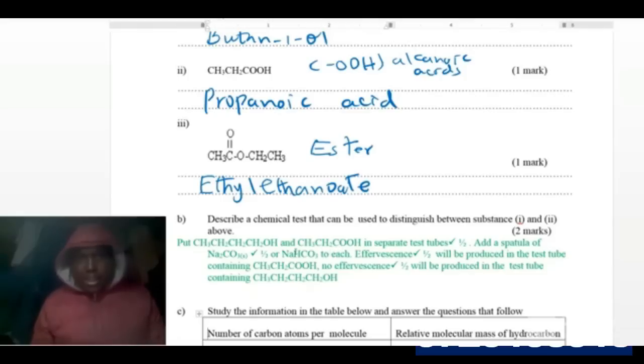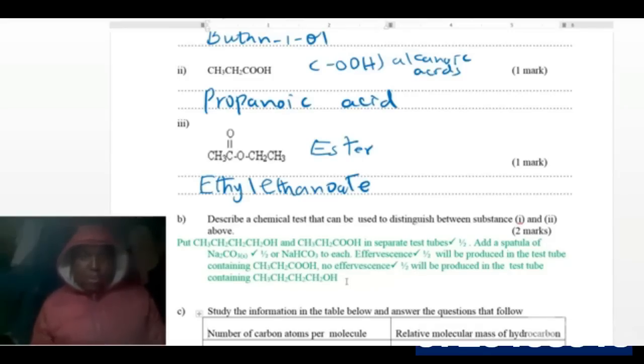So put the alcohol and the alkanoic acid in separate test tubes. Add a spatula of sodium carbonate or sodium hydrogen carbonate to each of them. Effervescence will occur in the test tube with the alkanoic acid. In the test tube containing the alcohol, no effervescence will occur.